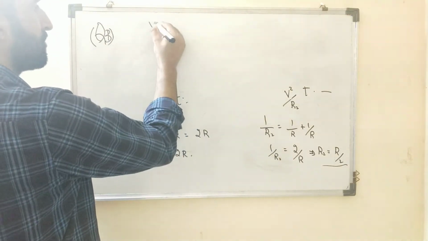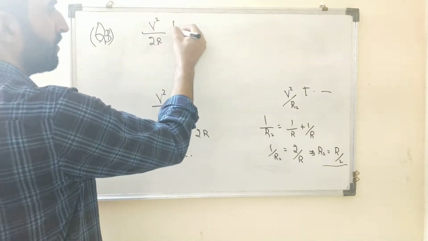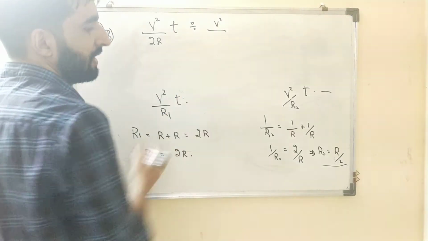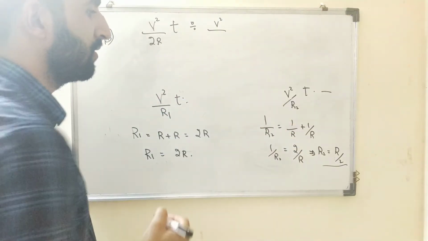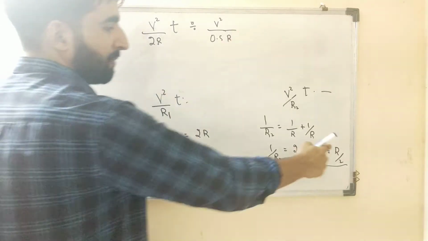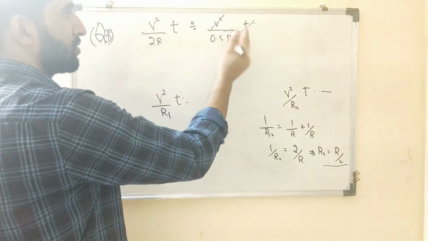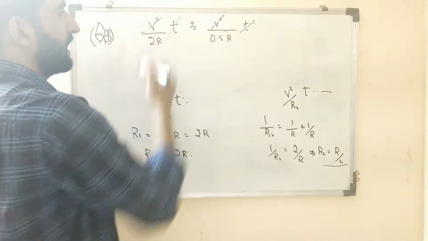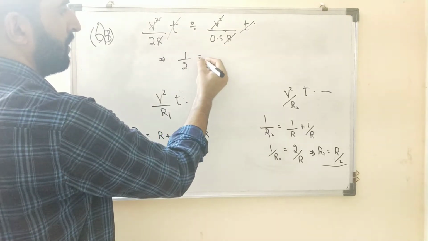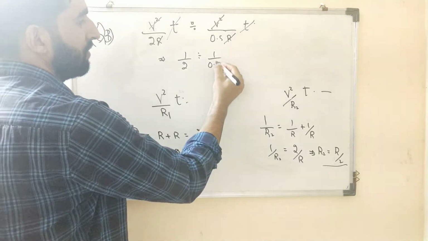V square divided by R1, which is 2R, into T. You have to divide it with V square divided by R2, where R2 is R by 2, that is 0.5 R, into T. So T and T get cancelled. V square gets cancelled. R gets cancelled. So this will be equal to 1 by 2 divided by 1 by 0.5.